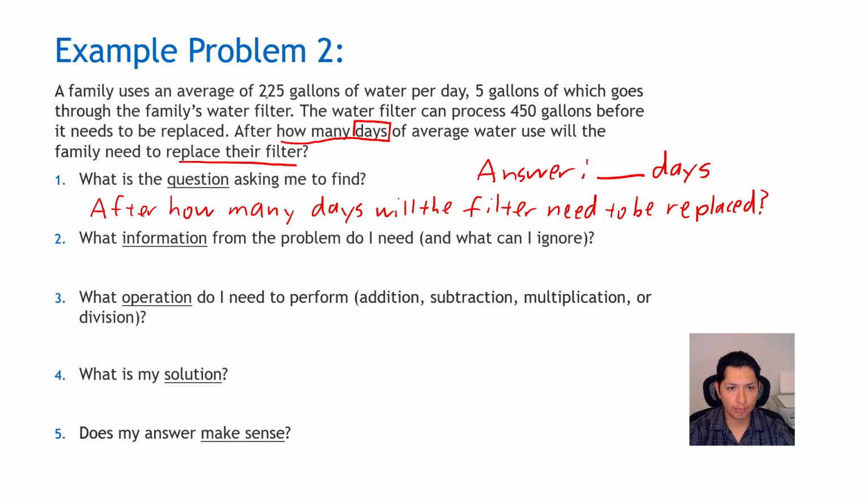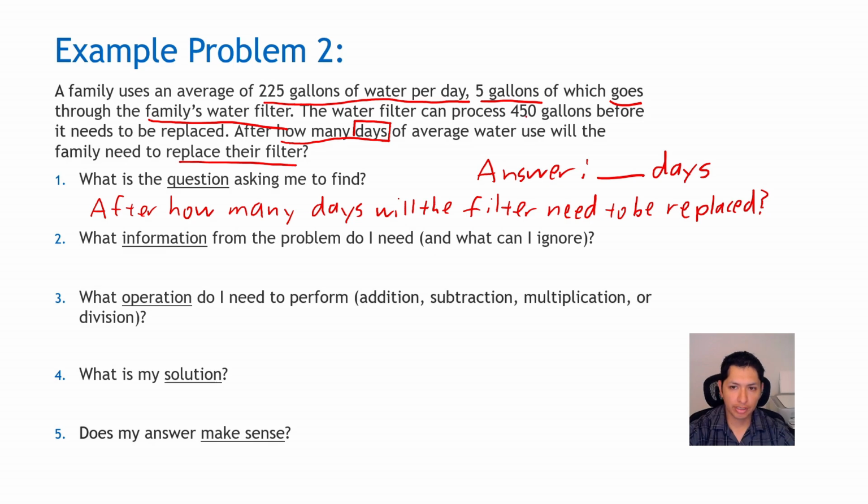So once again, I'm going to highlight the information that is presented to me in this problem. And again, it tends to be the information surrounding or really close to the numbers. So a family uses an average of 225 gallons of water per day. And then 5 of those gallons goes through the family's water filter.